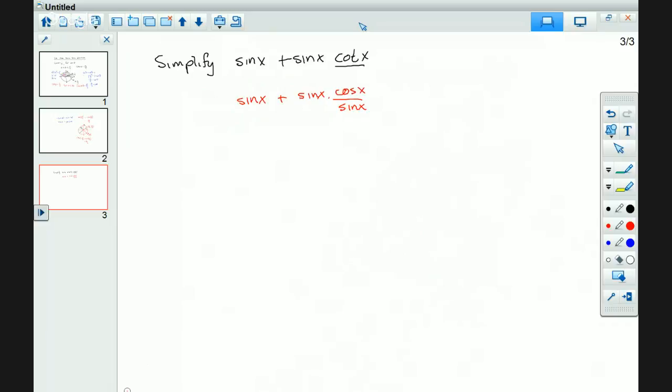It just takes a lot of practice. So can we simplify that? What do you think? What can I do? Yep. So we end up with something that's a lot easier to deal with, right?